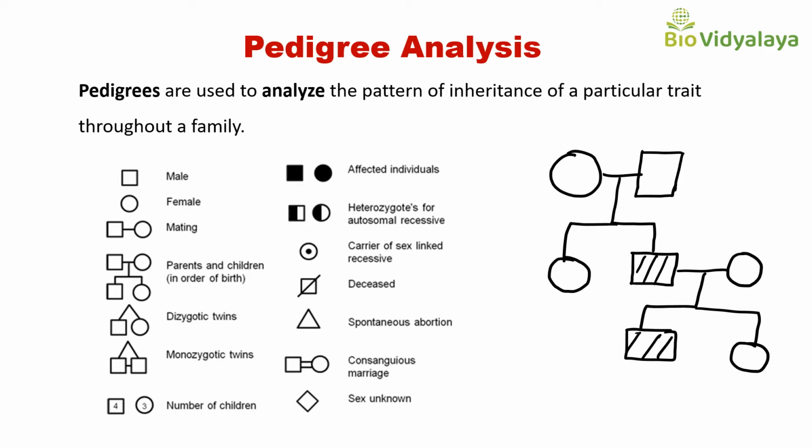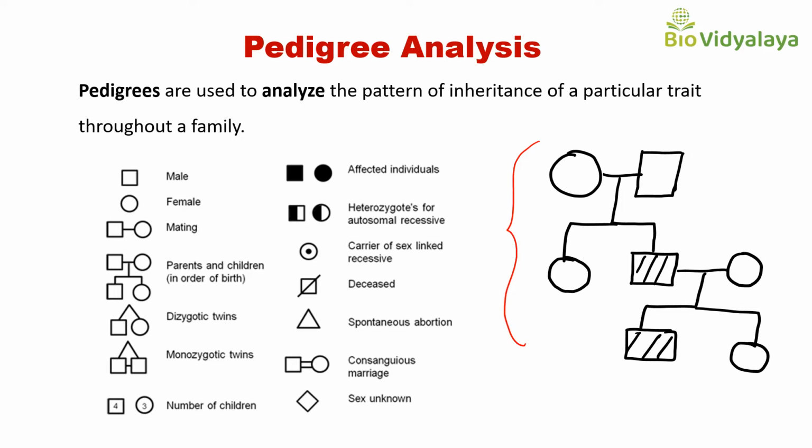Okay, so this is one pedigree. Here you can see circles and squares. These symbols, circles and squares, represent people and the lines represent genetic relationships.